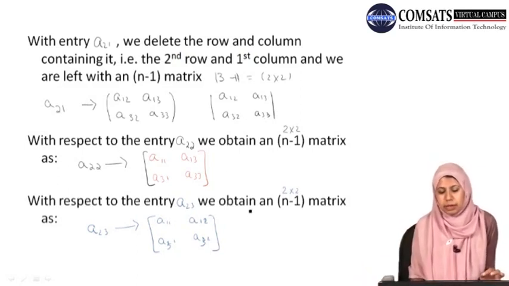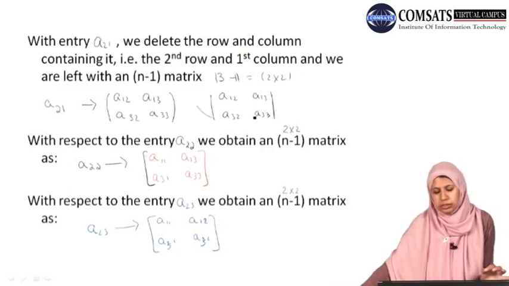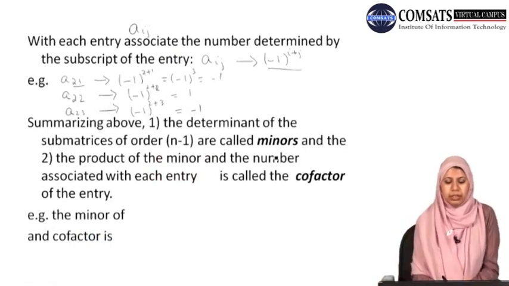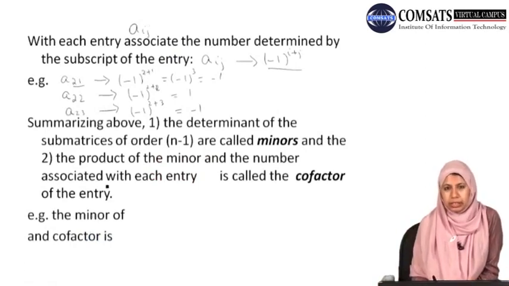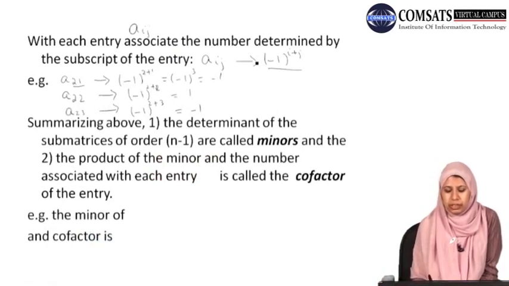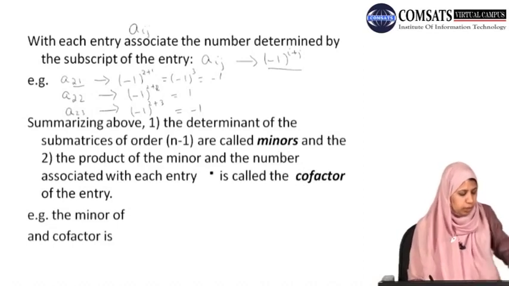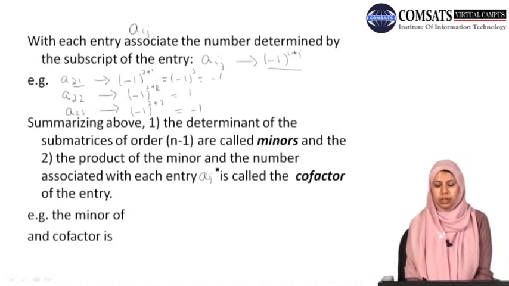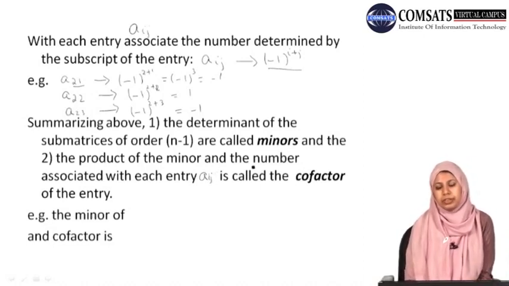Now these determinants are called the minors, and the product of the minor, that is the product of the determinant, with the number associated with each entry Aij is called the cofactor of the entry.